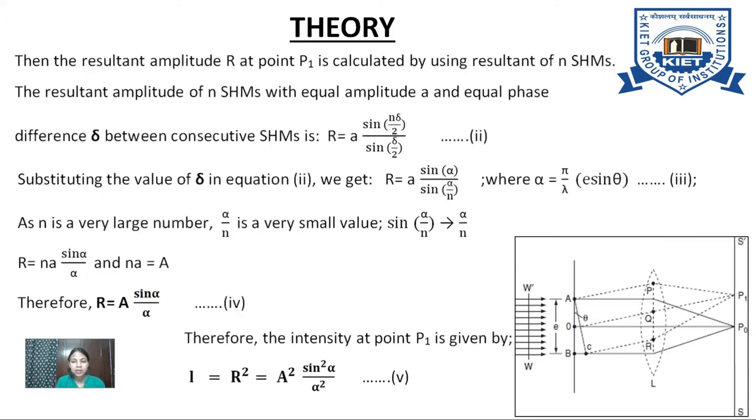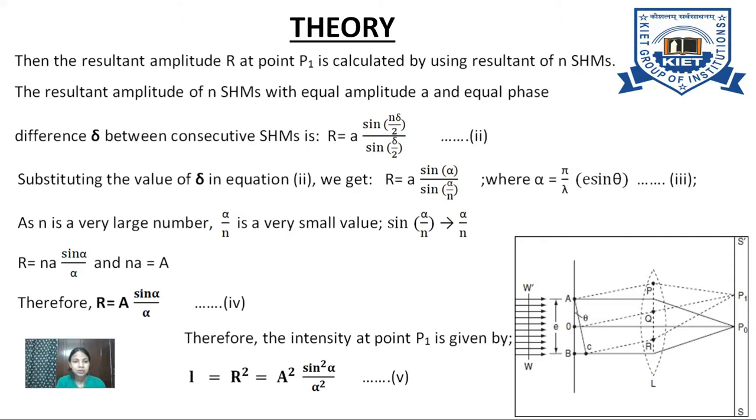Now we have to find out the resultant intensity at point P1. In order to find out the intensity, we shall first find out the resultant amplitude at point P1. And for that, we use resultant of n simple harmonic motions, which we have studied in a previous lecture.